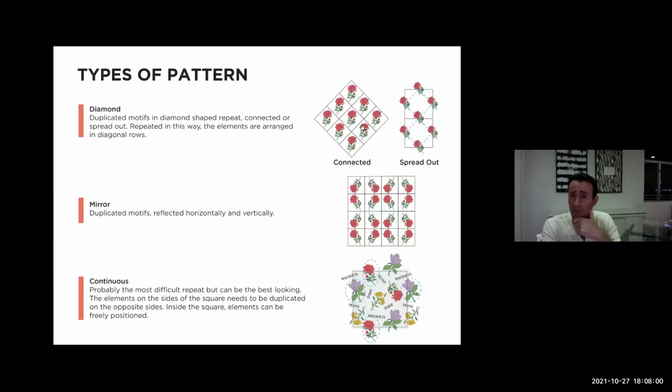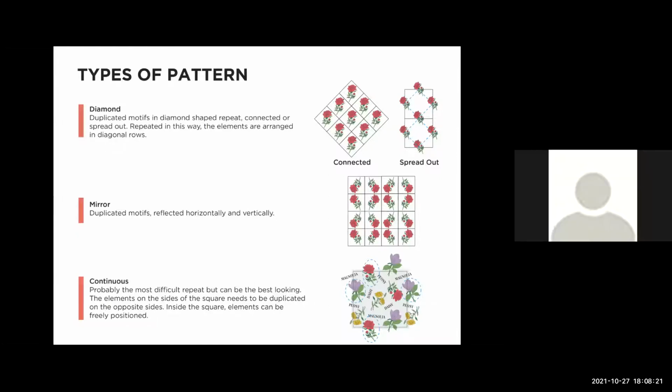The connected feeling is used a lot for tile designs. Let's think about Portuguese tile designs. We have a lot of examples that use this diamond structure. Everything goes in a diagonal way and it's not vertical or horizontal anymore, as we have seen with the 2 styles before.